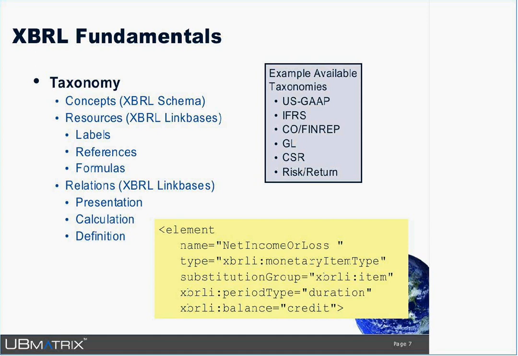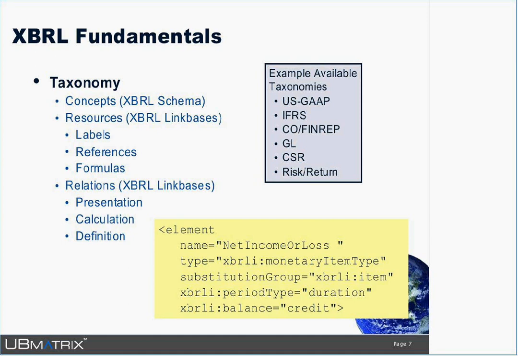The next thing is this concept of references, and what I want to do is be able to point at something so that both parties who are exchanging information can agree on what the concept means. For example, in the US GAAP taxonomy, there's a pointer to the FASB, Financial Accounting Standards Board, definition of what net income or loss means, so that as I exchange information, I can make sure that both people agree on it.